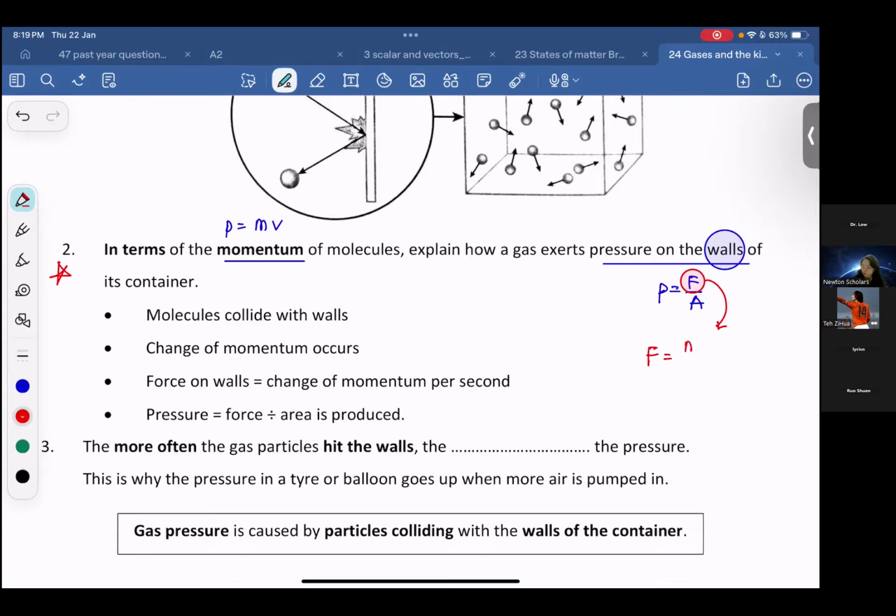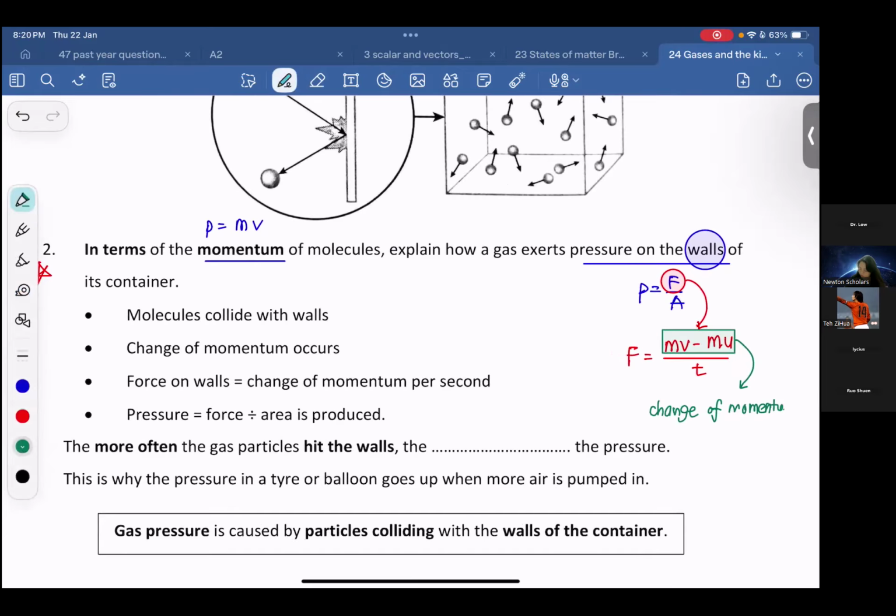So there is the impulsive force, mv minus mu divided by t. Do you still remember this? This one is related to momentum, you see. So here, force is the rate of change of momentum. So mv minus mu is the change of momentum.